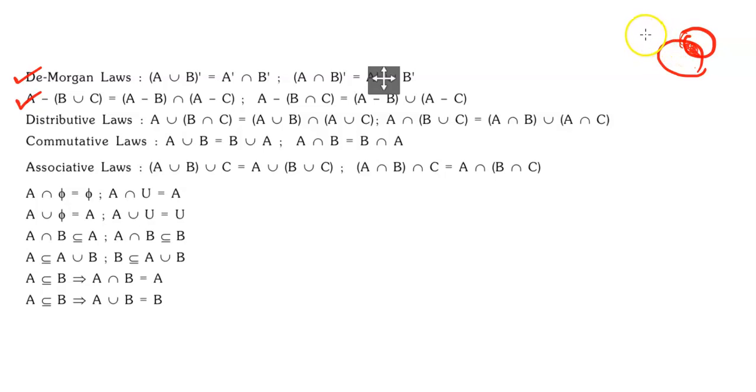And then if you take this with the union of A, this is A, and then this is the full element that will come.